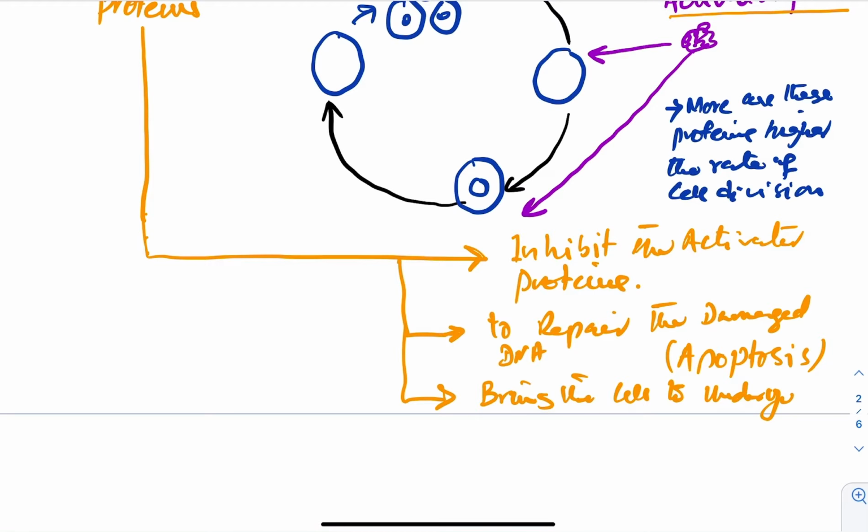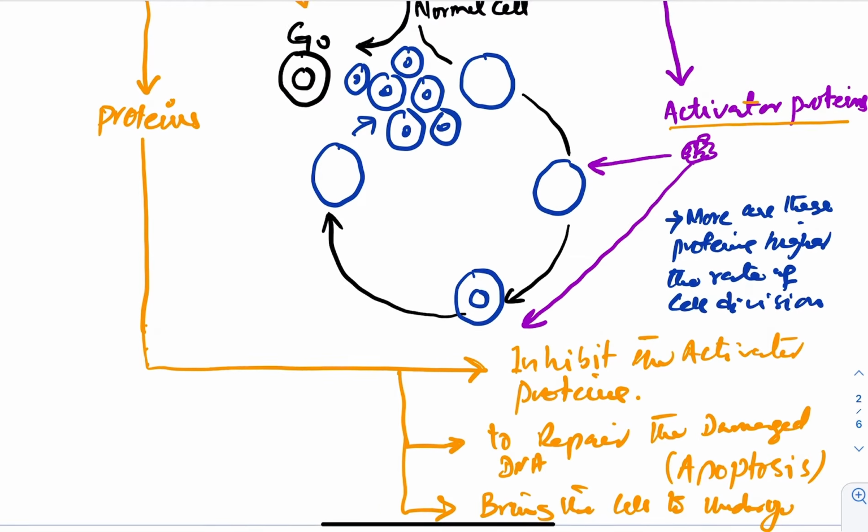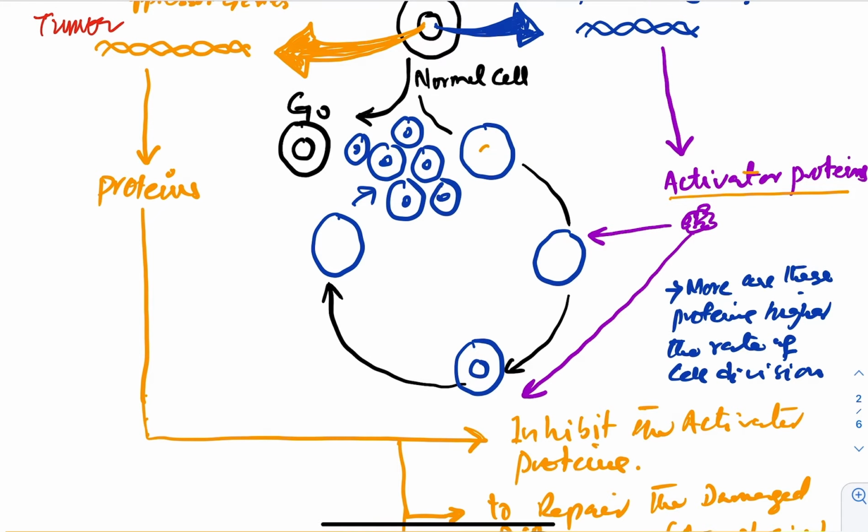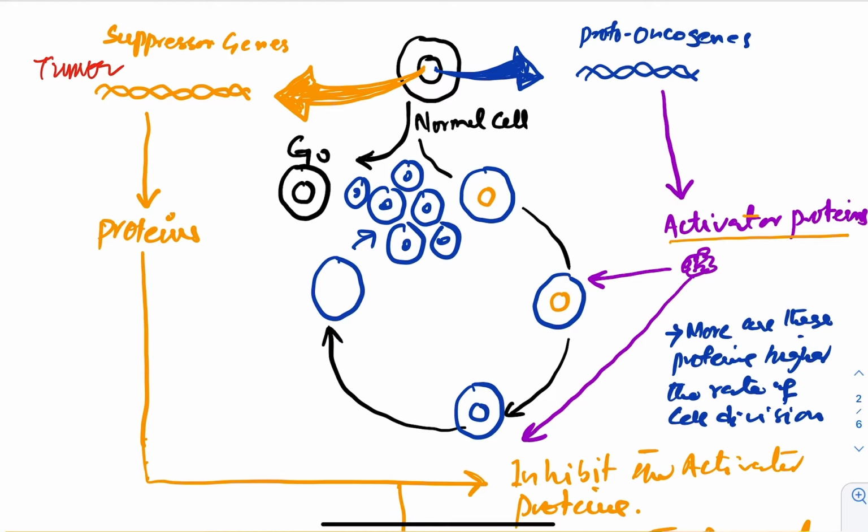So if everything is normally provided, the normal growth factors are present, enough proteins are synthesized, and the duplication of the cell organelles has taken place, this cell would undergo this cell cycle normally and will continue to divide one cell into two cells.